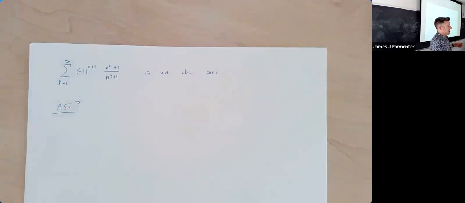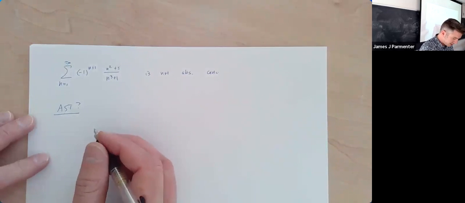So usually you have to check all the things anyway. So you might as well start with checking for absolute convergence, because if it absolutely converges, you're done. The whole thing converges as well. Whereas if you check the alternating series test first, you might get convergence, but then maybe it also absolutely converges. So you still have to do the work of checking absolute convergence, even if you've done this already.